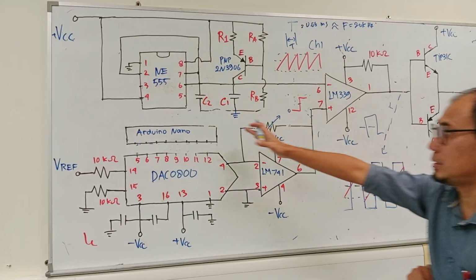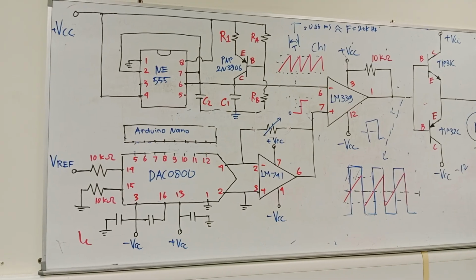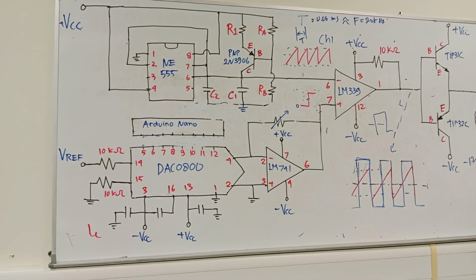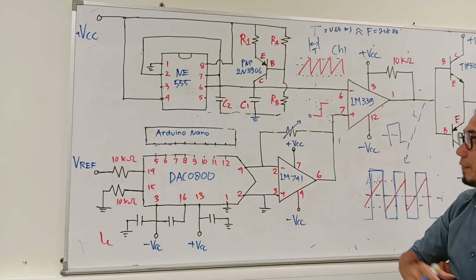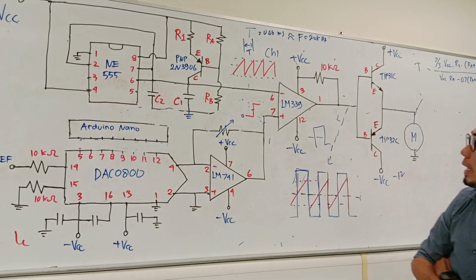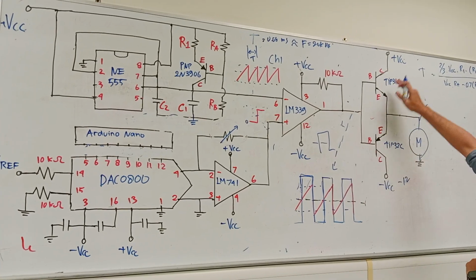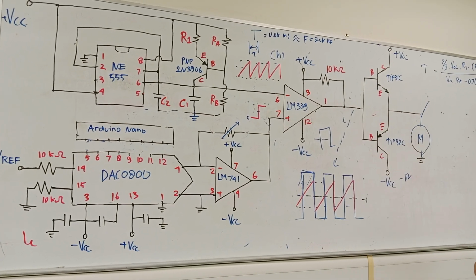The second part is the Arduino Nano connected with the DAC0800, also the op-amp LM741. And the third part will be the op-amp LM339 comparator and the push-pull amplifier, PNP and NPN transistors.